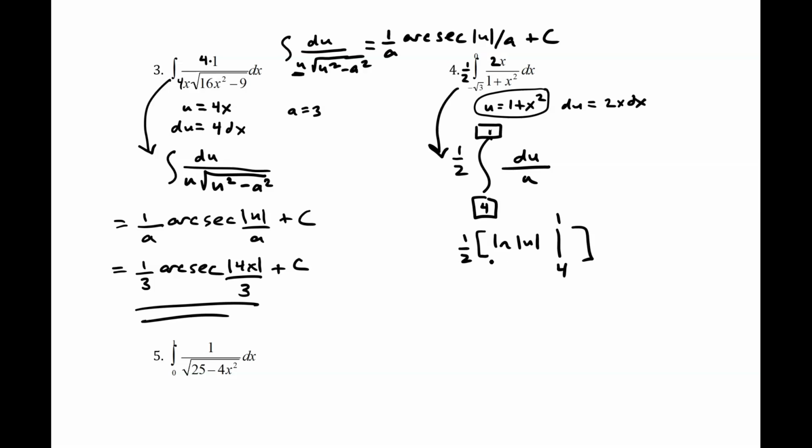And so I end up getting 1/2 times the natural log of 1 minus the natural log of 4. The natural log of 1 is equal to 0, and so this can be simplified as just negative 1/2 times the natural log of 4. So that's my answer to question 4.